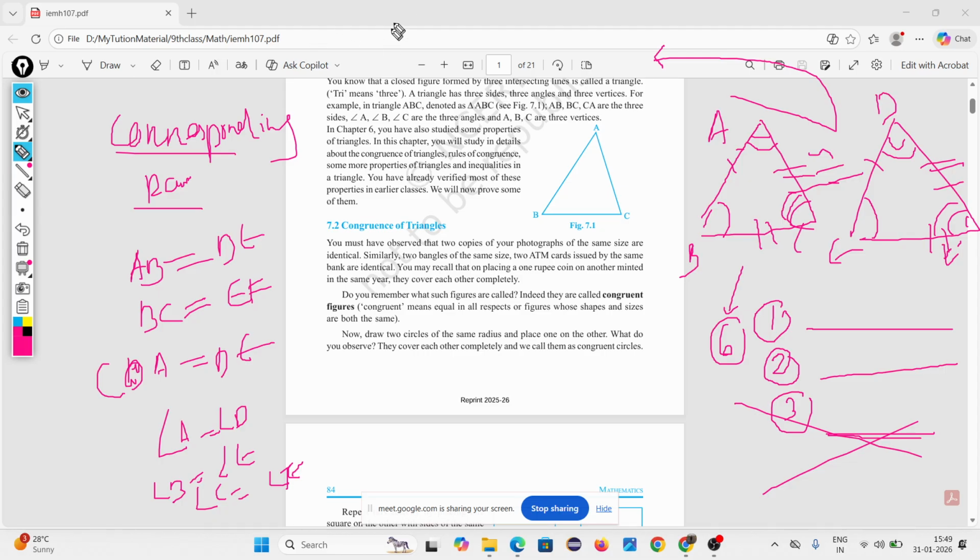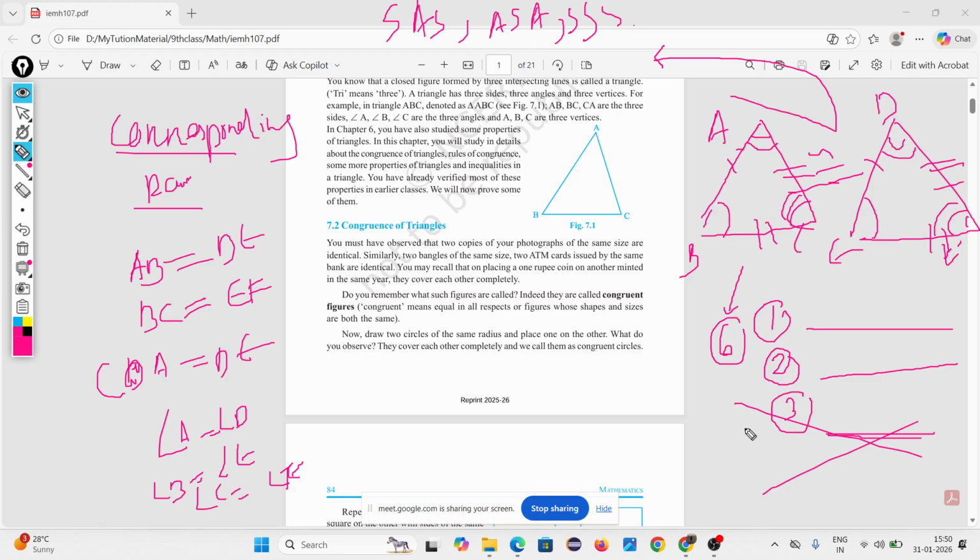The shortcut is SAS, then ASA, SSS. Okay, physically, if we try to prove two triangles are equal, then measure their sides, measure their angles, prove them.